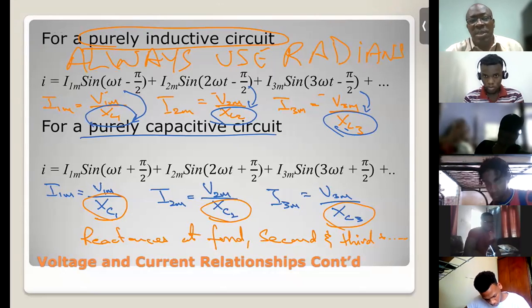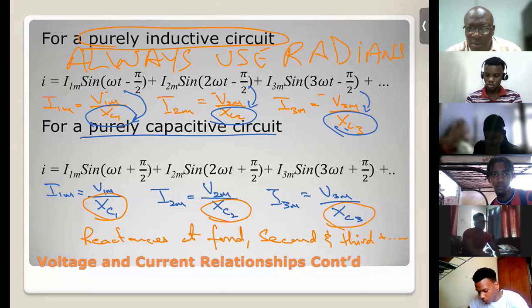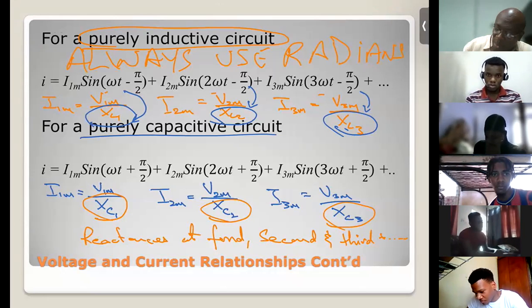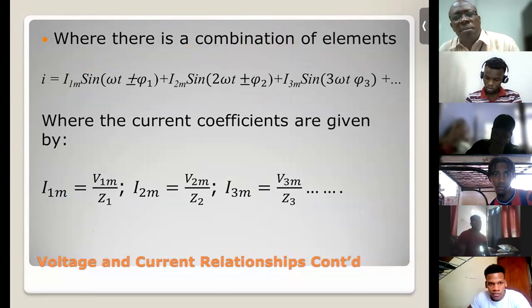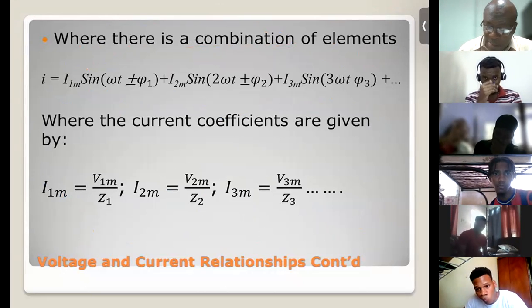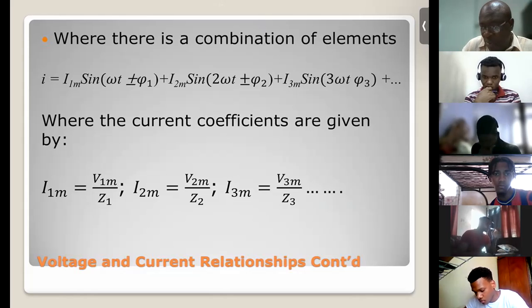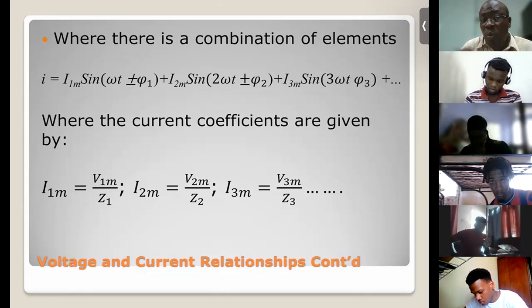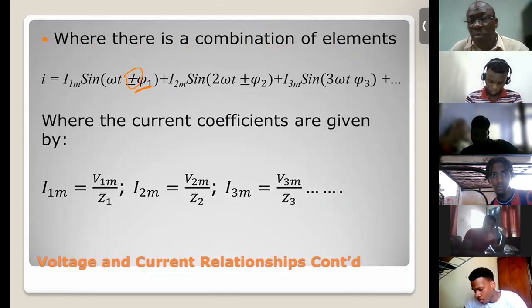Now, that's for a resistor, a pure inductor, a pure capacitor, but that's not life. So you will have where we have the elements combined. If the elements are combined, then we would have, again, I1M, I2M, etc. However, what we will not be sure of is the phase angle. So we wouldn't be sure of what phi would be equal to. Neither will we be sure of whether or not it is negative or positive.